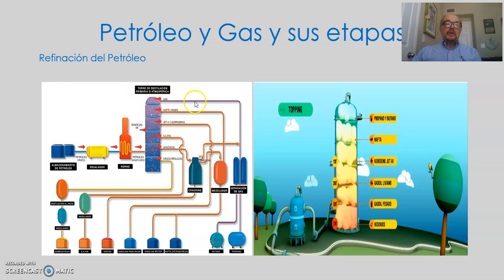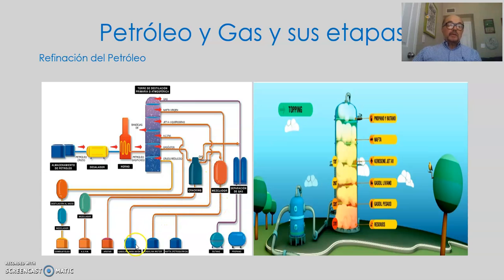So the light parts, like the gas, we get from there butane and propane, and we liquefy it, maybe. And we also get naphthas, that go to the mixer. It gets mixed with the output of the cracking of some diesel, and then we get gasoline and naphtha, a different type of naphtha.